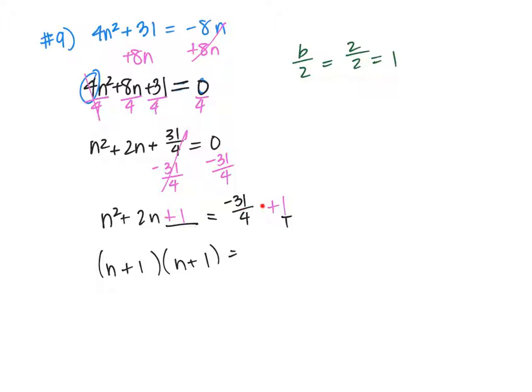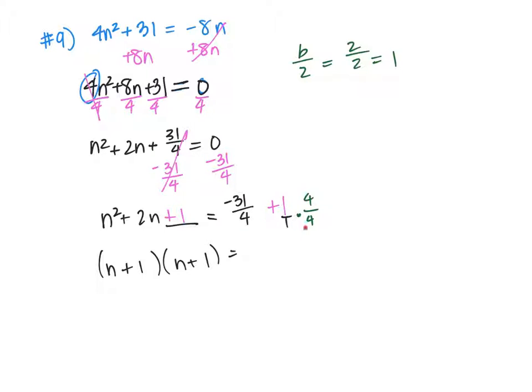So if I'm adding two fractions and they don't have the same denominator, I need to make them the same. So 4 and 1 can both be 4, so I need to multiply this denominator by a 4 to do it. Anything you multiply to the bottom, you must multiply to the top. And so when you do this, then I can get the same denominator.